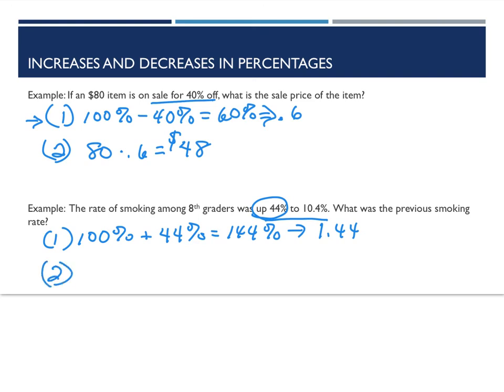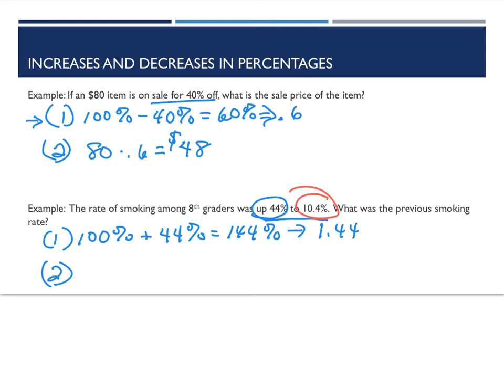That means in step 2, the other number I'm concerned about is this 10.4. I still need to figure out, is that 10.4 a before number or an after number? Is 10.4% before I went up 44 more percent, or is it the answer I got after I added 44%?